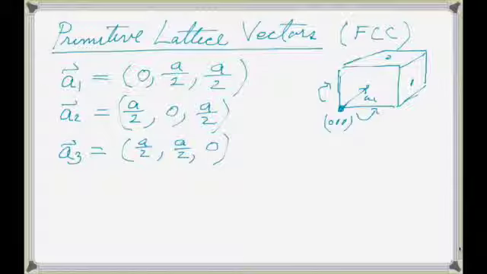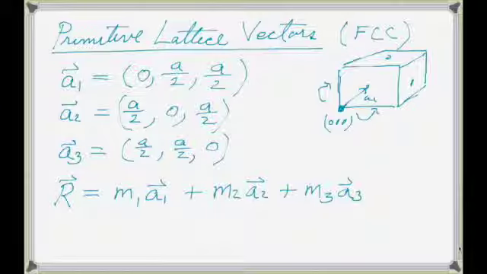So a generic lattice vector, which you will always write as uppercase R, is just some integer sum of these lattice vectors. These m's are integers, so if I translate by any vector like that, everything is going to look the same.